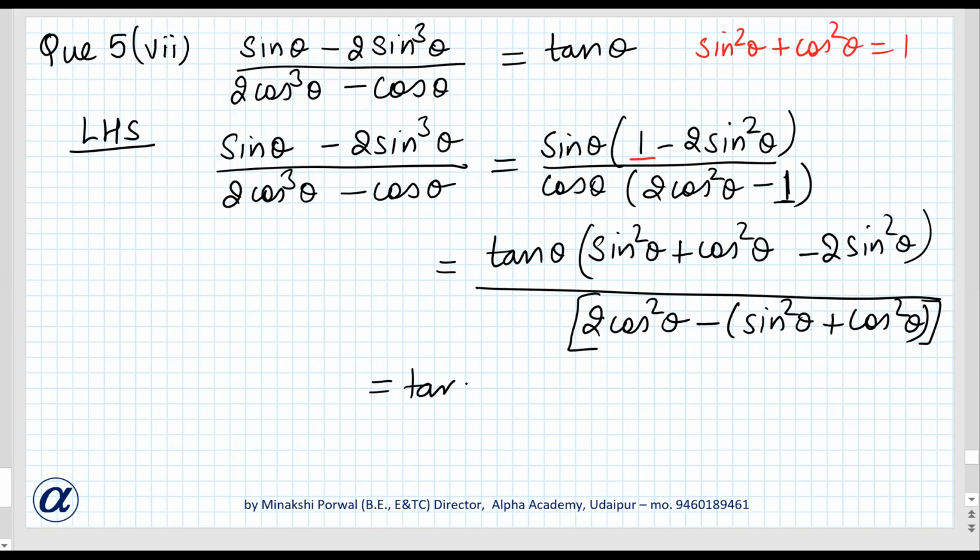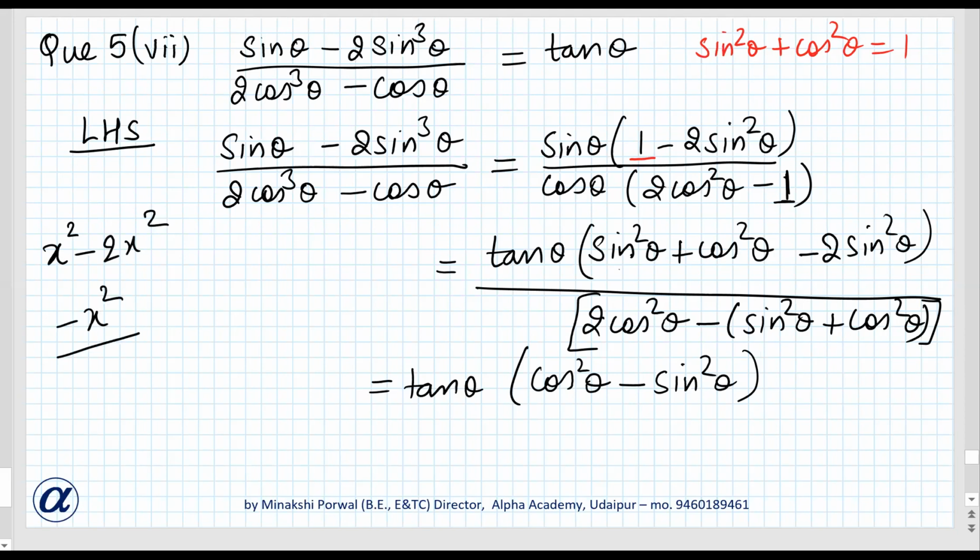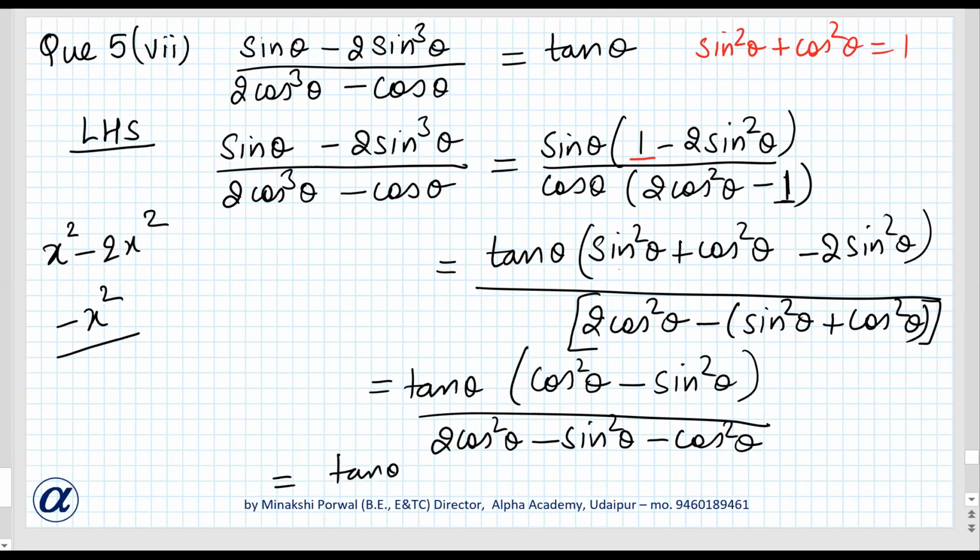So it is tan theta times: sin square theta minus 2 sin square theta is minus sin square theta. Basically it is just like x square minus 2x square, so it is minus x square. Similarly sin square theta minus 2 sin square theta is only minus sin square theta. In the denominator, when we open this bracket, it will be 2 cos square theta minus sin square theta minus cos square theta. So it is tan theta.